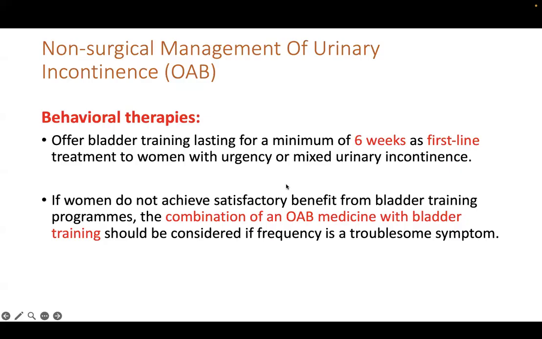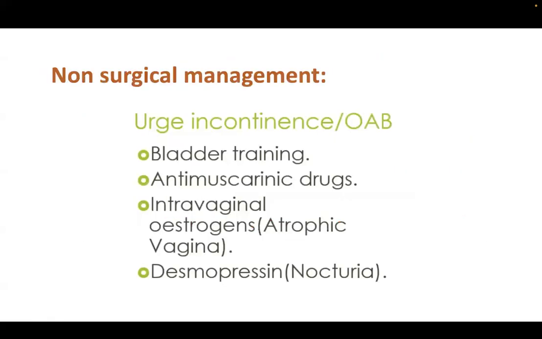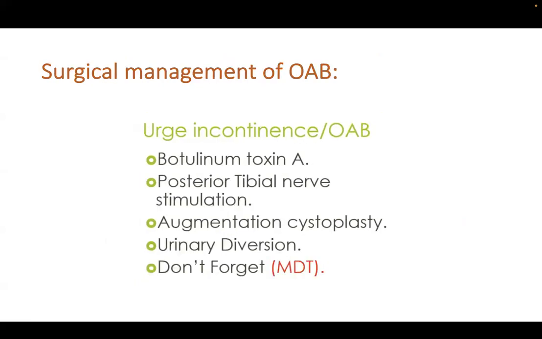Whenever the patient does PFMT, we advise continuing it along with other treatment modalities if she goes for surgery or medical management. Like this, behavioral therapy also needs to be continued with further management, like if the patient takes OAB medication. Other non-surgical management are bladder training, as we already said, antimuscarinic drugs, intravaginal estrogen, and desmopressin for nocturia.